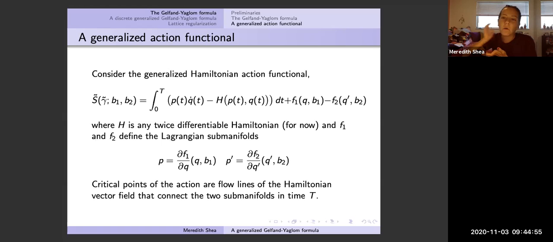And so it's going to have to be solutions of Hamilton's equations. And yeah, when I write P prime is equal to the derivative of F2 with respect to Q prime here, you can think about them as just variables in this sense. So for the Lagrangian submanifold, you could just consider any value of Q prime, and that's defining the manifold.